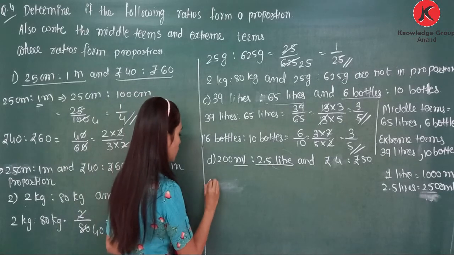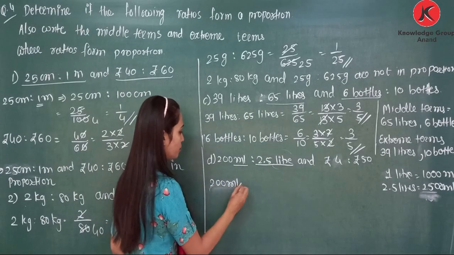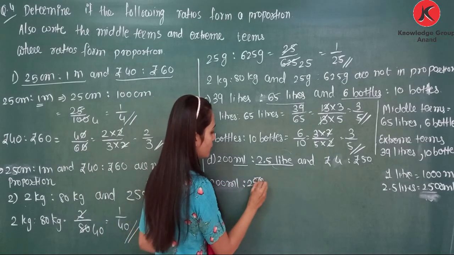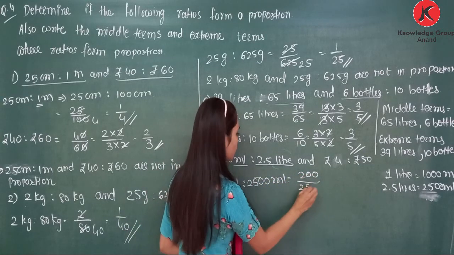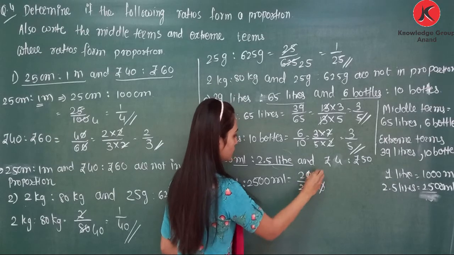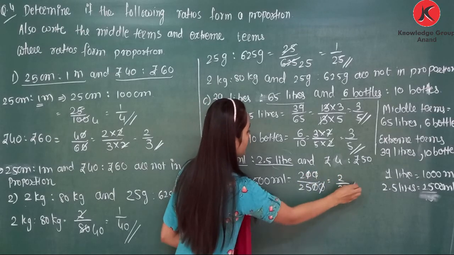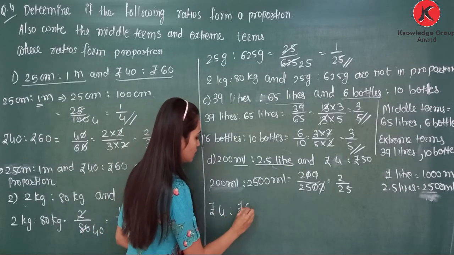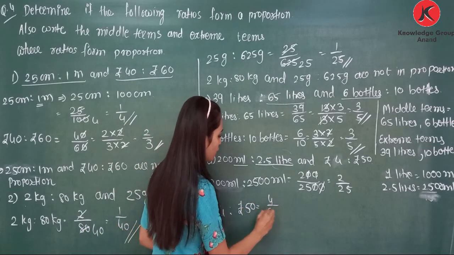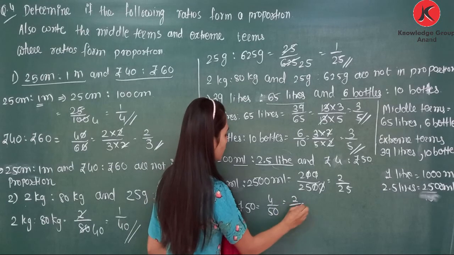So here we can take out the ratio of 200 ml to 2500 ml. 200 divided by 2500, so it is 2 by 25. Now it is 4 rupees to 50 rupees, so it is 4 by 50, we get 2 by 25.